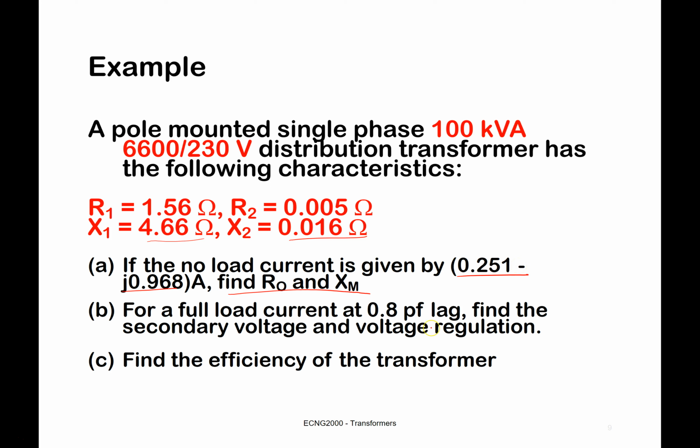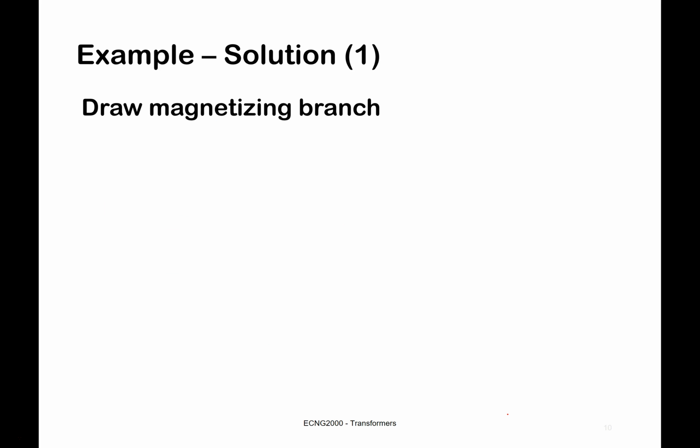For a full load current of 0.8 PF lag, find the secondary voltage and voltage regulation, and find the efficiency of the transformer. And this of course would be the efficiency of the transformer at full load. That is implied there. So let's start off by finding the values of R0 and XM.